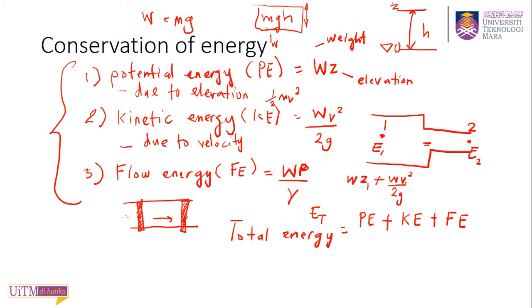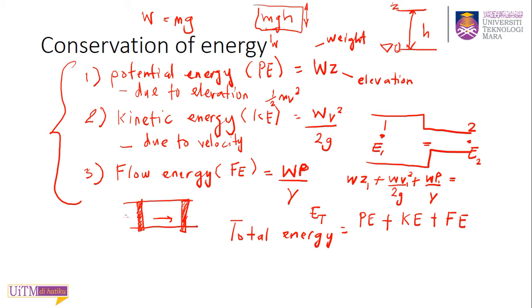The V is the V at point 1. And you have your flow energy, W times pressure at point 1 over your specific weight. This must be equal to the total at point 2.